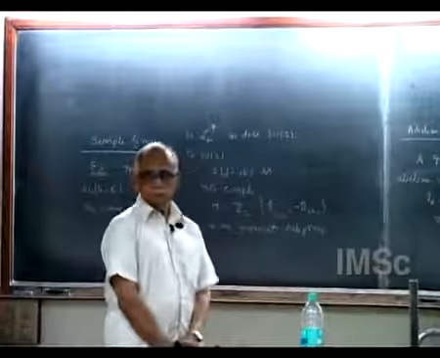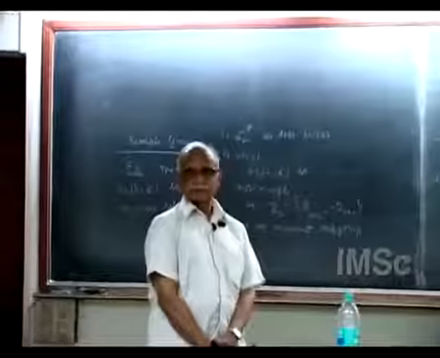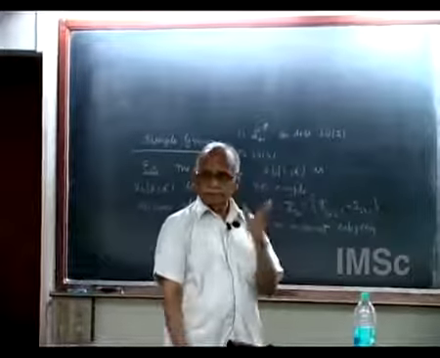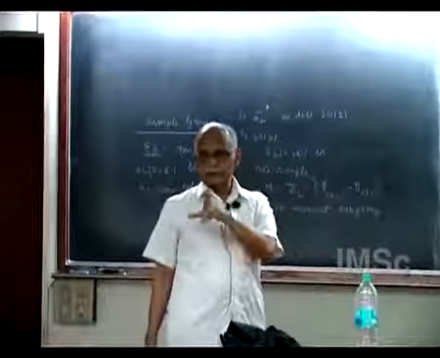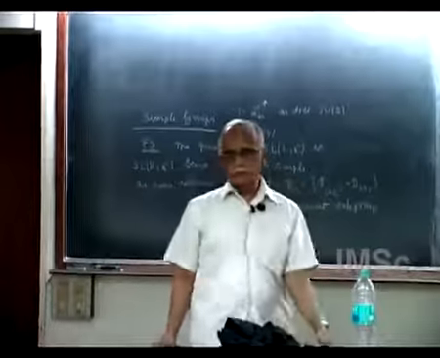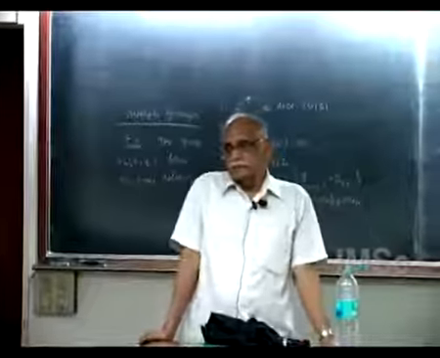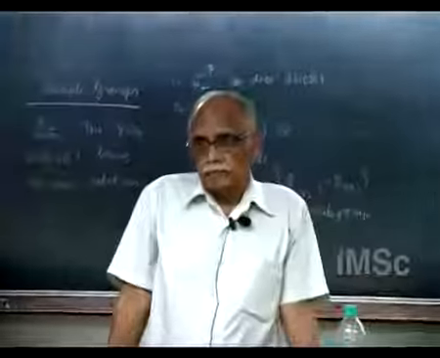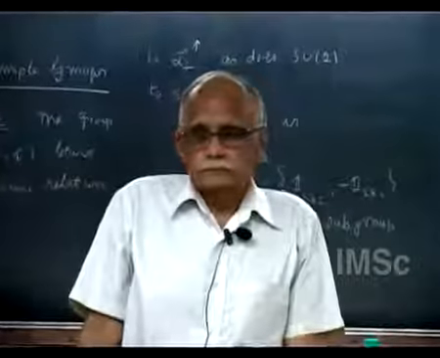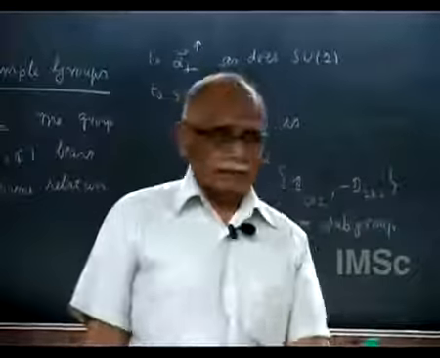So, what about SO3 or SU2? They are not semi-simple because they have the center, namely I told you nth roots of unity are sitting inside it. So, those are abelian invariant subgroups. So, SUN is not semi-simple. Okay.